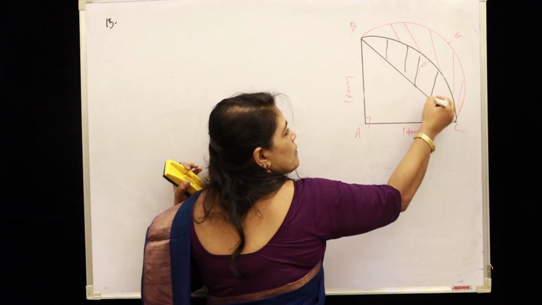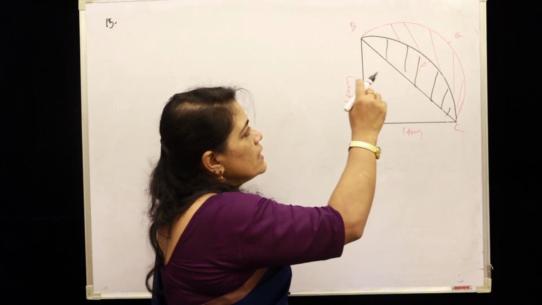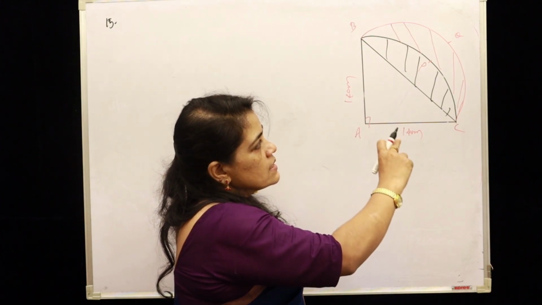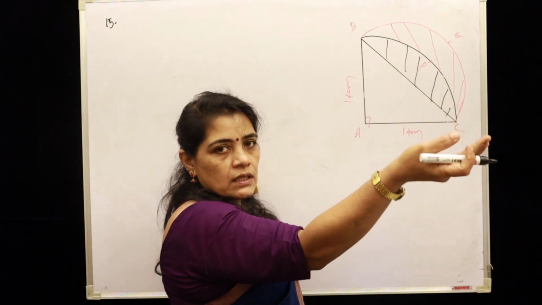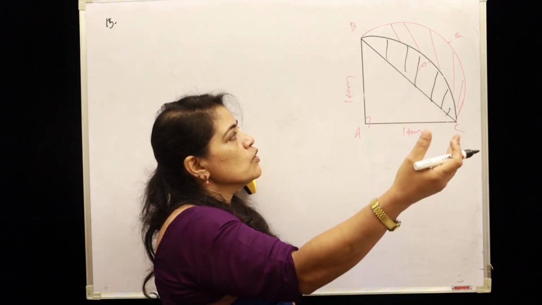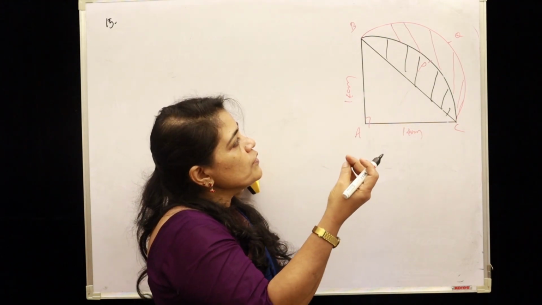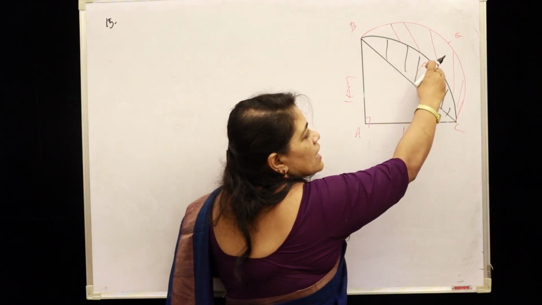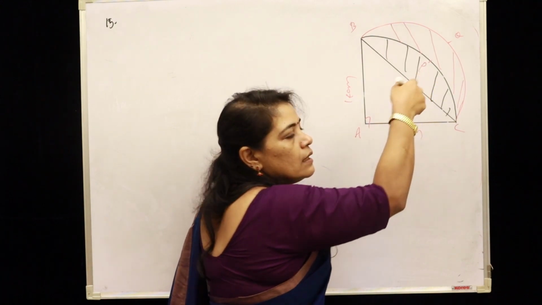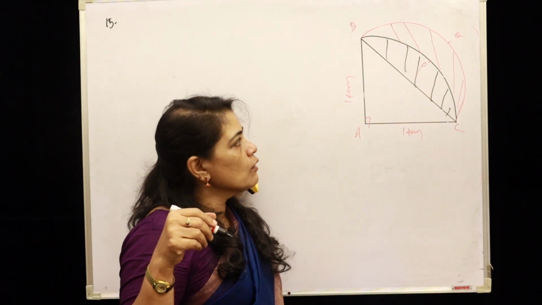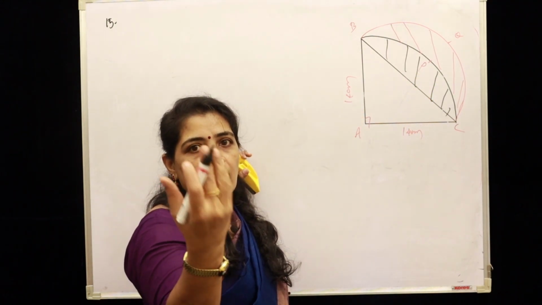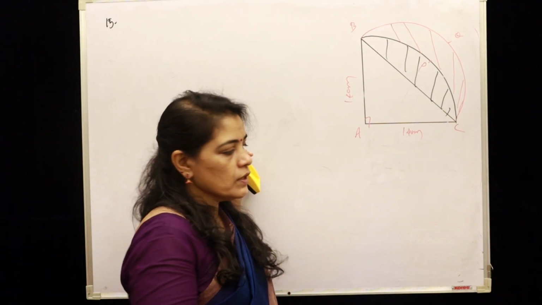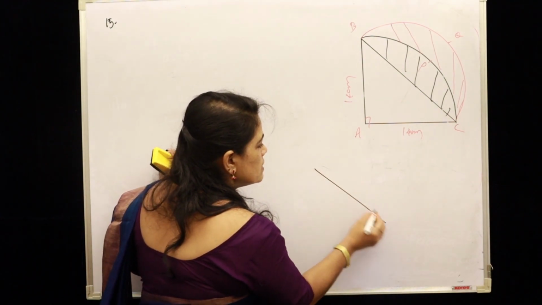Okay, that means from the semicircle, that is BCQ, outer arc, if you subtract this area of the segment, that is this black shaded lines, you will get the area of the shaded region. Okay, this is what I meant.